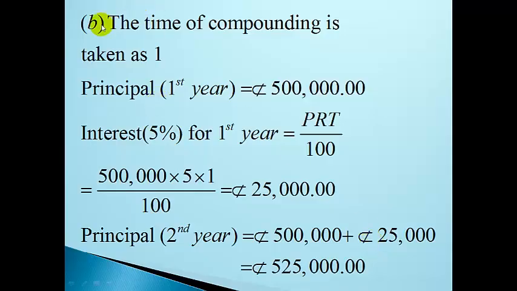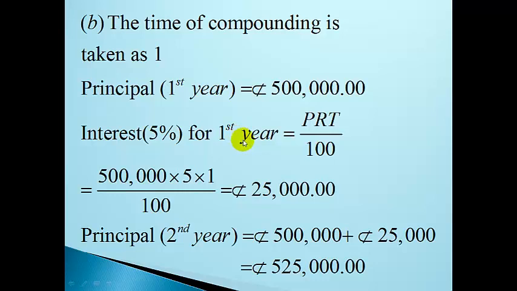Now B, the time of compounding is taken as 1. So take note of this. The principal, that is the amount invested in the first year, is equal to 500,000 cedis. So let's calculate the interest, that is the 5% for the first year.